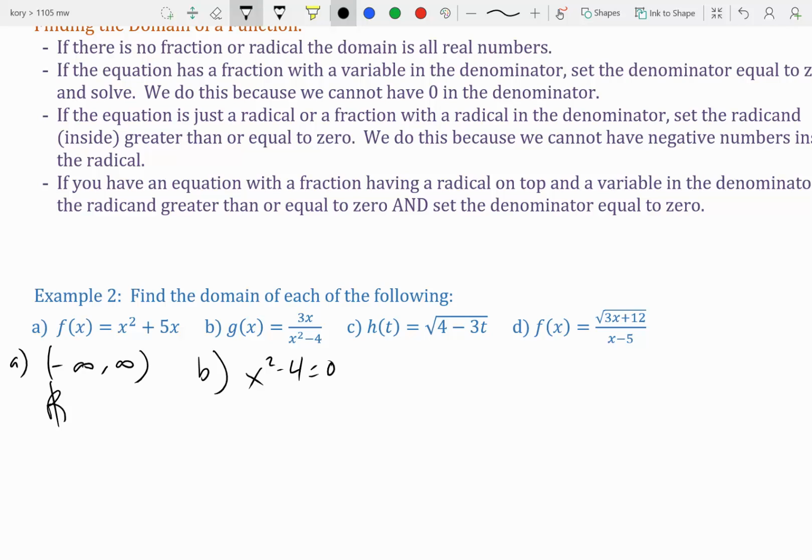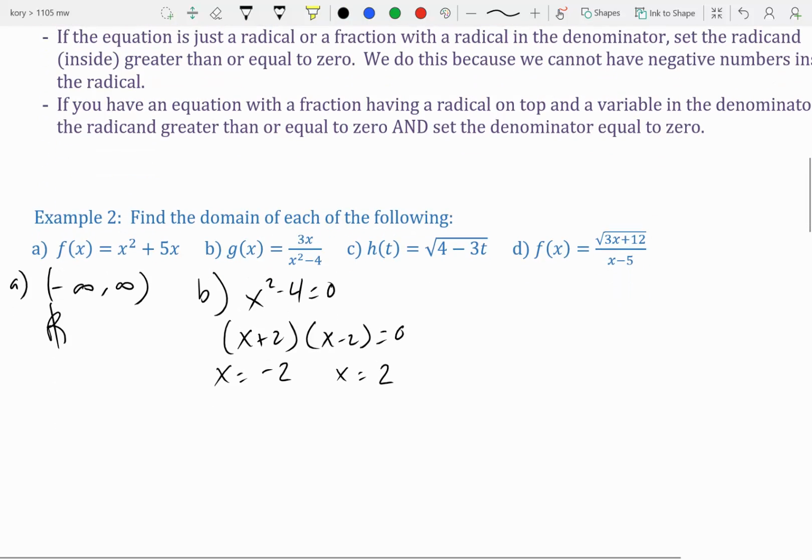You can either add 4 or factor. I'm going to factor. We have x plus 2 and x minus 2 because that's a difference of 2 squares. So we have x equals negative 2 and x equals positive 2. To write that in interval notation is actually harder. It's easier to write this in set builder notation.